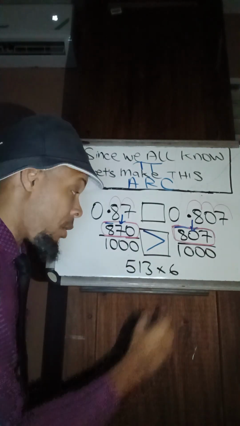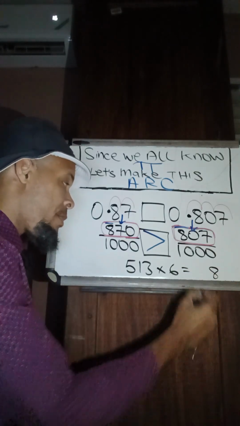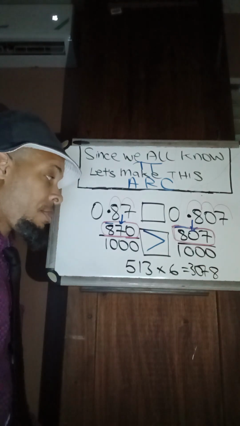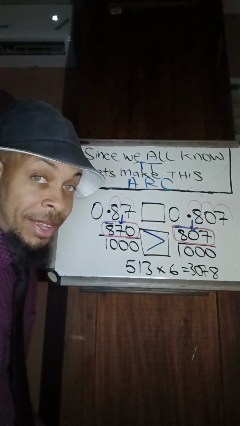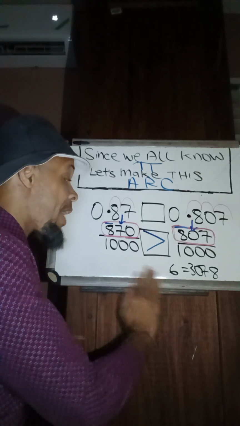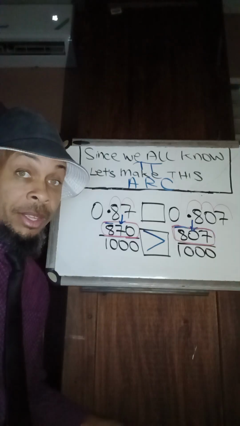And that's it. So whatever your answer is for that, it should be, right? So like I said, since we all know pi, let's make this arc. Perspective is everything, right?